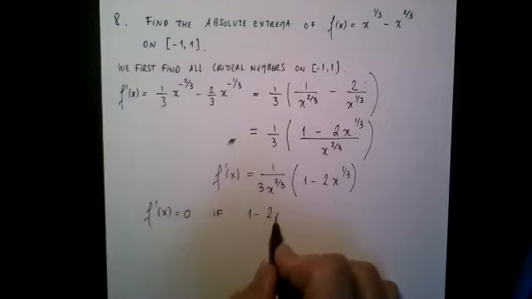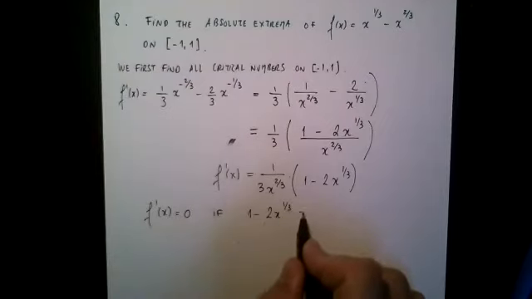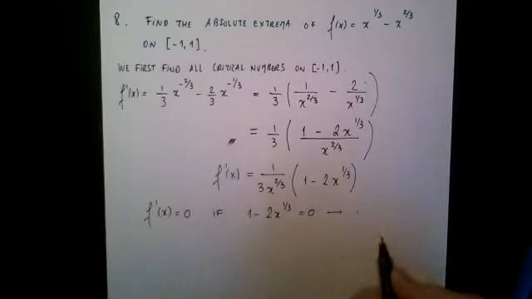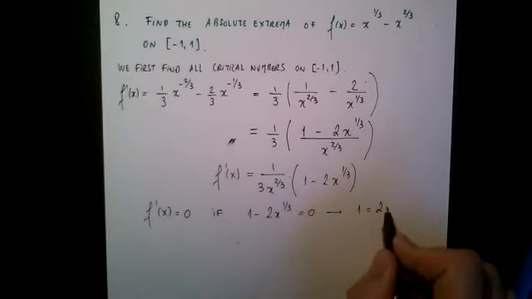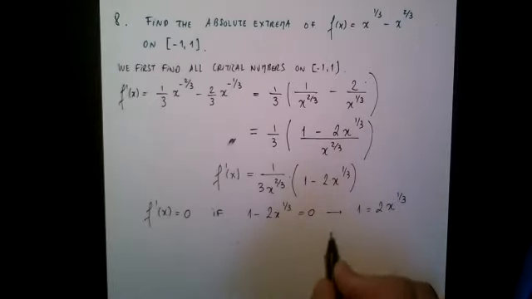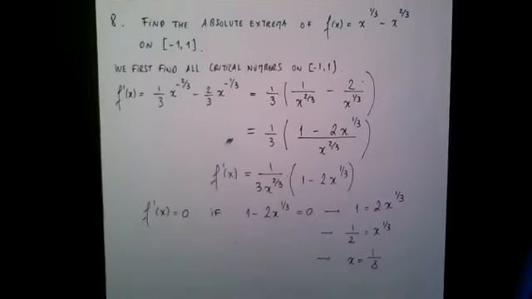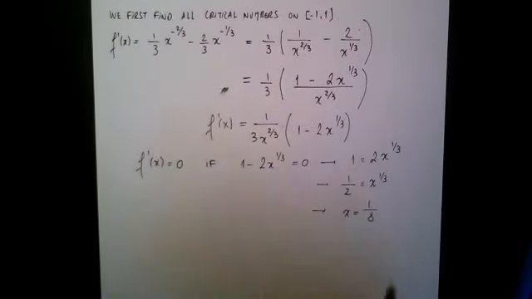So 1 minus 2x^(1/3) is equal to 0, which means that 1 is 2x^(1/3), which means that 1/2 is x^(1/3), and you power 3, x is 1 over 8. So that's already one critical number.